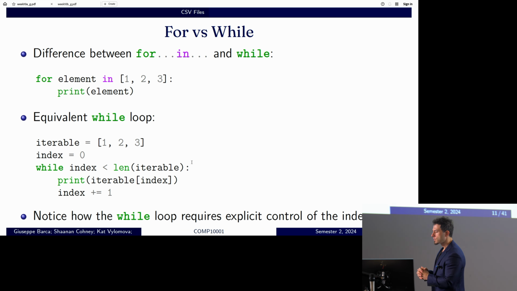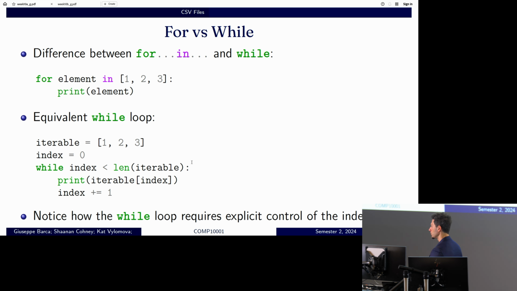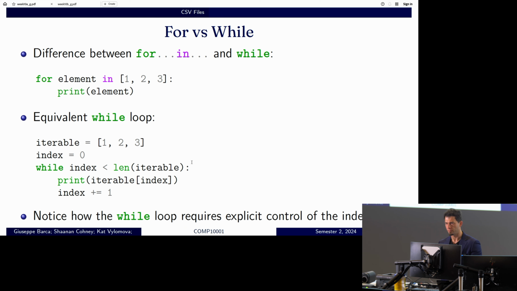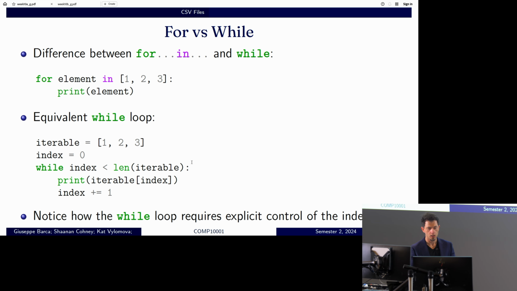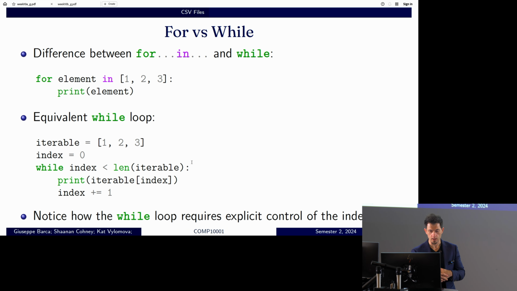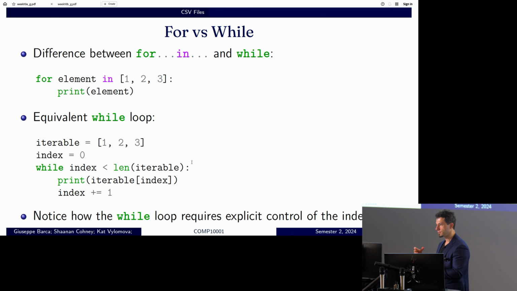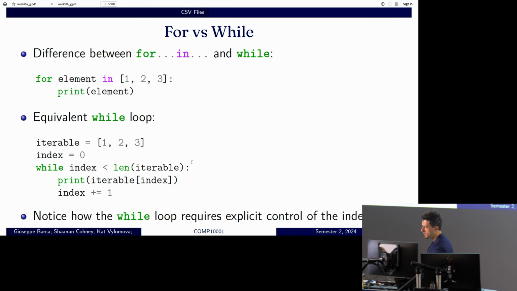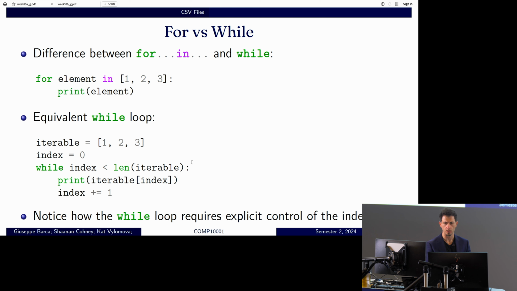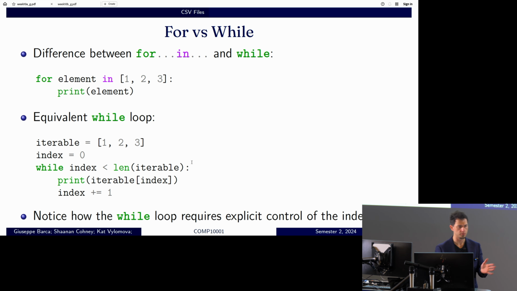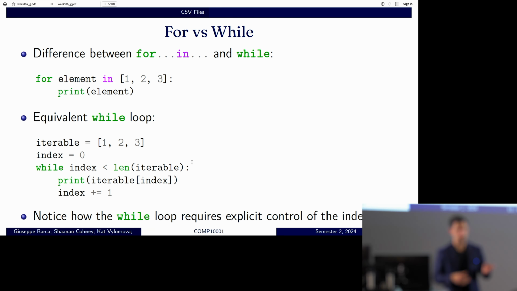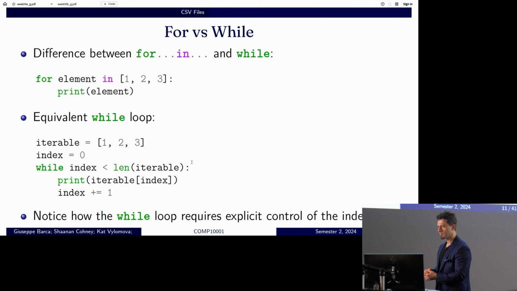We have been dealing with two different kinds of loops, for loops and while loops. In a for loop, we are keeping track of the elements within an iterable. In this case, the iterable is this list, 1, 2, 3. And then we can print each one of the elements each time.